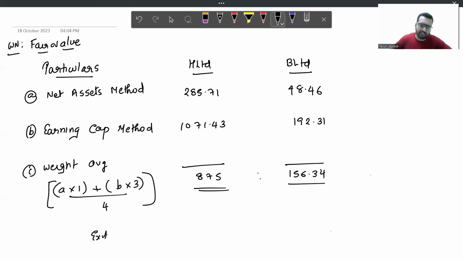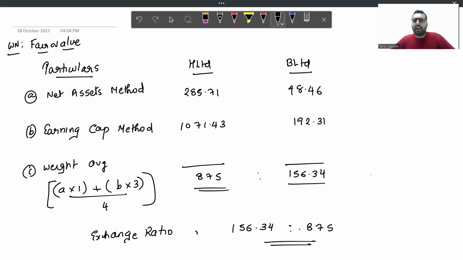So your exchange ratio will be 156.34 is to 875, or in other words, for every 875 shares in B, H will give only 156 shares. So we are done with this question also. Please write down and finish it off.